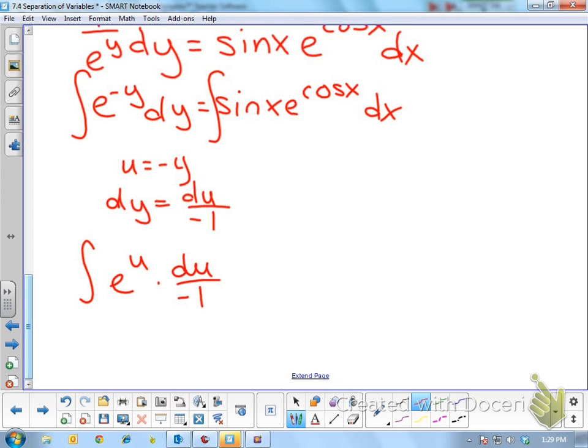Anytime we have an exponential function and we're doing u sub, u is usually the exponent. So then we would get dx is du over negative sine x.